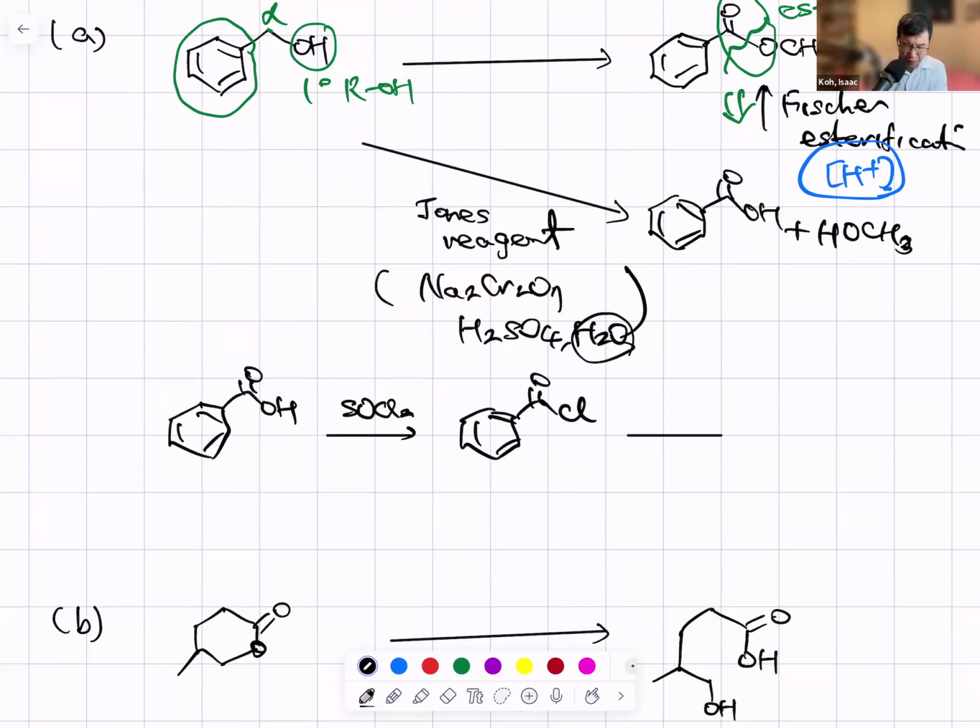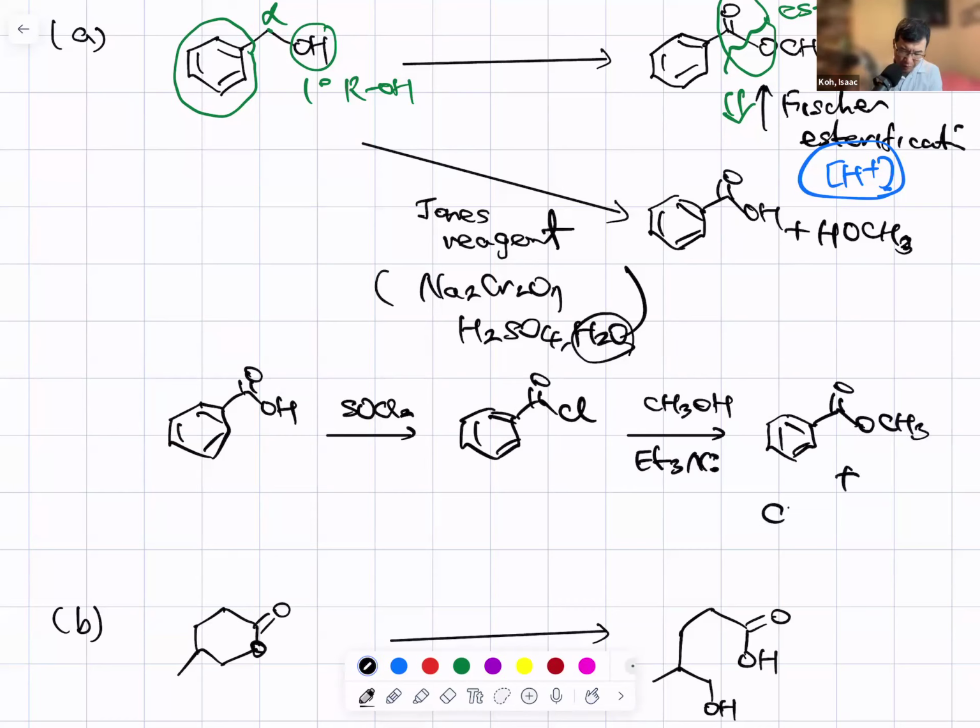And this is reacting with alcohol, CH3OH, maybe triethylamine as a base scavenger taking the proton away, then it is forming the product also. And this triethylamine is forming protonated, taking the proton away. Okay, this is also one of the methods of making the ester.